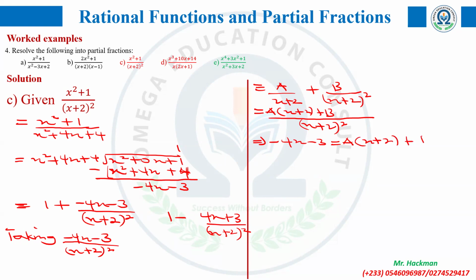Your B. At this point, you are in a comfortable lead. Your repeated linear factor, that's the one you can consider. So if x is equal to negative 2, you get minus 4 into negative 2 minus 3, which should be equal to A into negative 2 plus 2, then plus B. In effect, this will give you 8 minus 3, which will give you 5, and that is equal to B. So you can see that we are making headway.